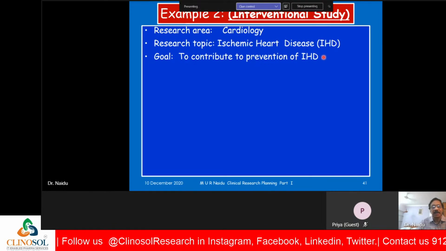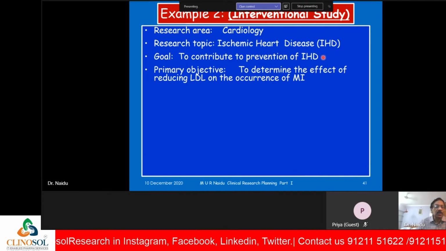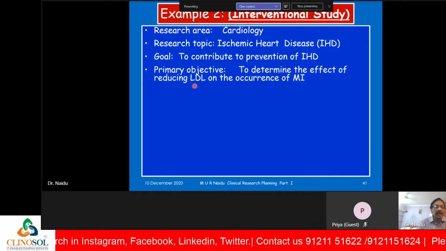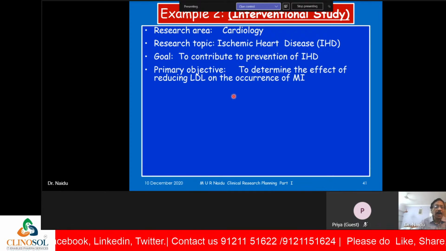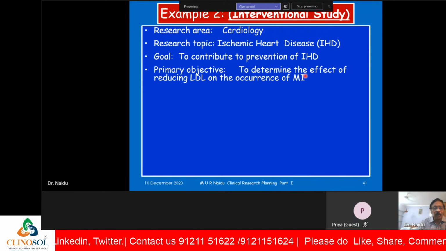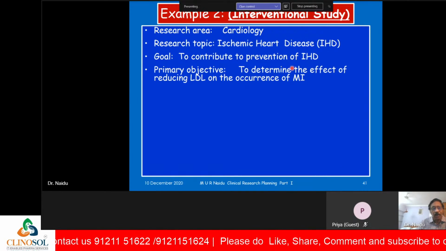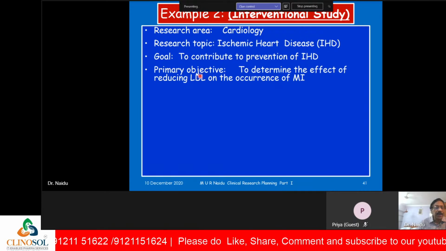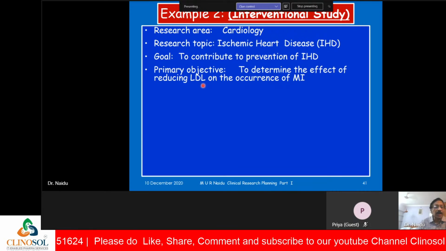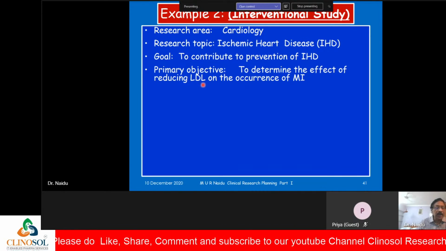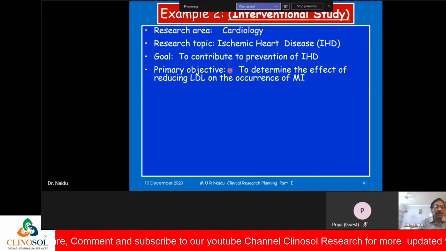From my literature survey and my knowledge, I understood that we need to determine LDL and find out the occurrence of MI, because many people have published that people who develop MI, the myocardial infarction, or have more ischemic heart disease, have more LDL, and their cholesterol is very high. So I know that more cholesterol means more cardiovascular problems; that is the primary objective.